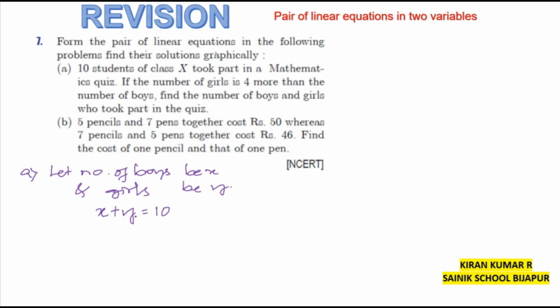And they have given one more condition. If the number of girls is 4 more than the number of boys, so the difference y minus x will become equal to 4. These are the two equations. For these two equations, you need to plot the graph and find the solution.